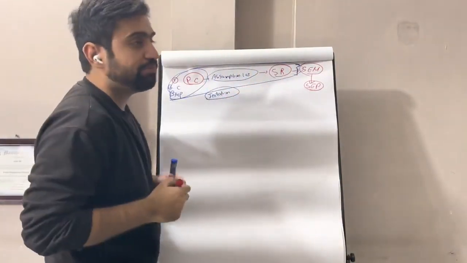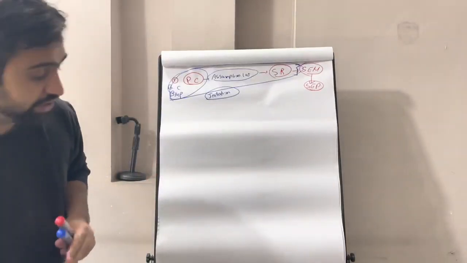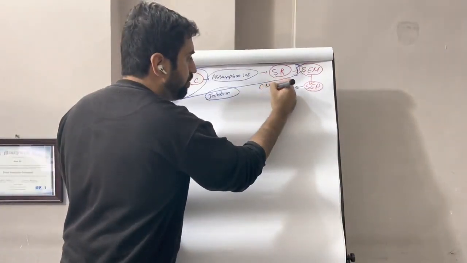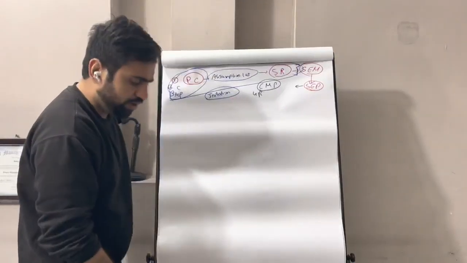Once the stakeholder engagement plan is made, in correspondence we also make the communication management plan. The communication management plan is all about the right information, at the right time, to the right people, to have the right impact.